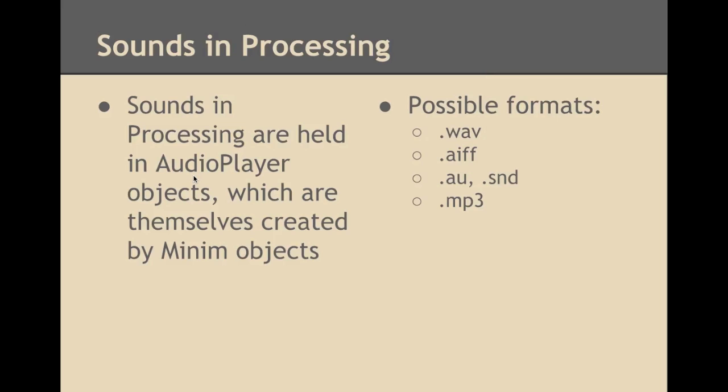So with images, there is just one call to loadImage. When we're doing sounds, we have to get a Minim object first and then use it to load the sound file that we want. In terms of formats, popular formats are supported like MP3, WAV, AIFF, AU, and SND.